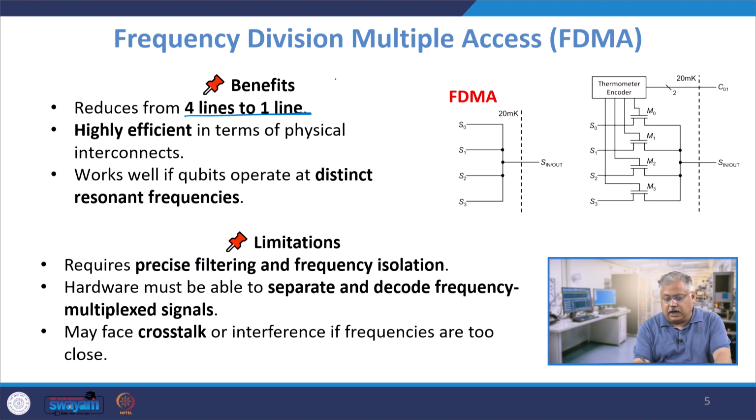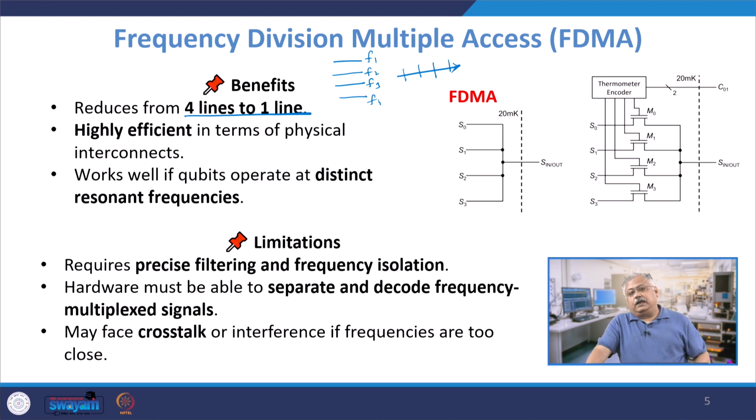Initially, if there had not been any multiplexing, there would be 4 lines carrying 4 frequencies, F1, F2, F3 and F4. Now, you have a single line which carries all the frequencies by doing an FDMA. This works very well if the qubits operate at distinct resonant frequencies, and that is more so the case.